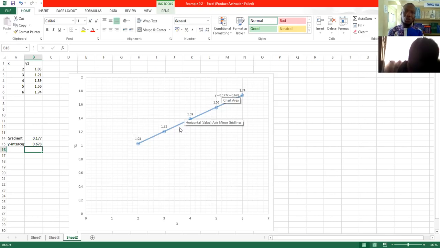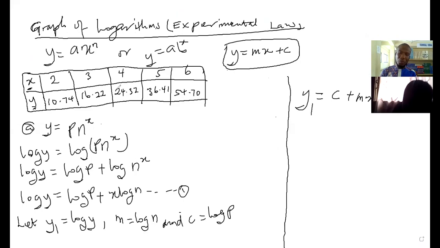All right, so let's use that to find our m now. Our m, which is our slope or gradient, is 1.56 minus 1.03, which gives 0.53, over 5 minus 2, which is 3.